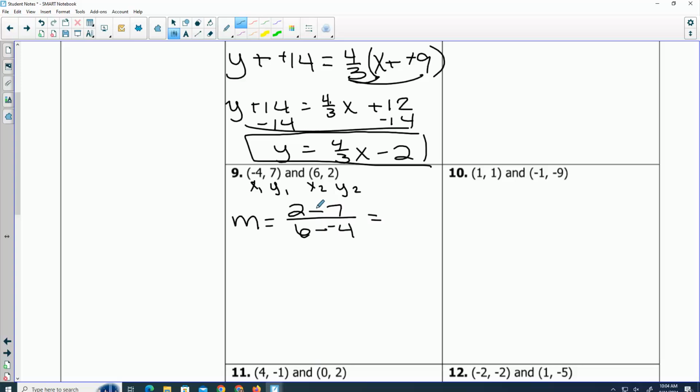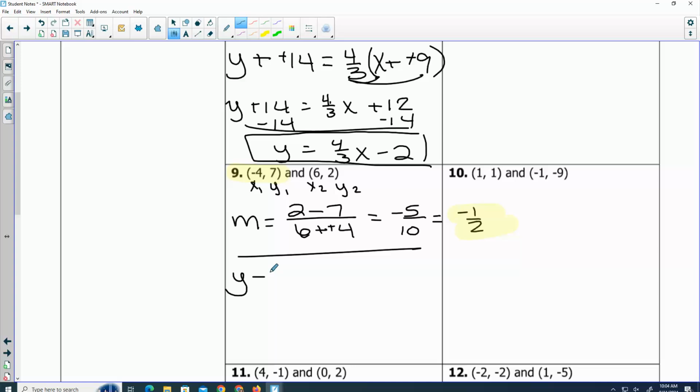Okay, so on top, 2 minus 7 is negative 5. 6 minus negative, so 6 plus 4 is 10. And what's that reduced to? Negative 1/2. So then we can do point and a slope.